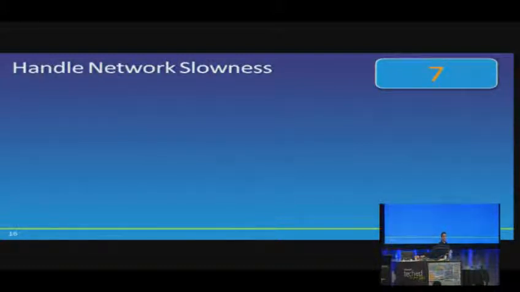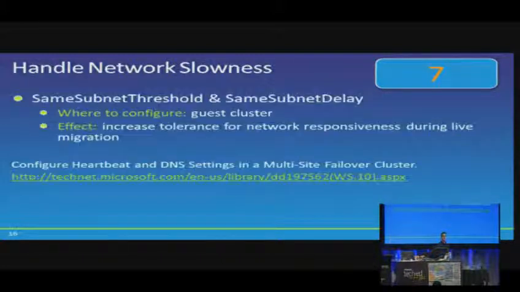You have a lot of network traffic on the same wire, or you have some slowness when you're trying to do things like a live migration. So there are a couple of settings that you can change inside of your clustered environment to increase both the timeout of the heartbeat as well as the number of heartbeats that the cluster might miss before it will initiate that failover and say, hey, this machine's down, let me fail it over to another system.